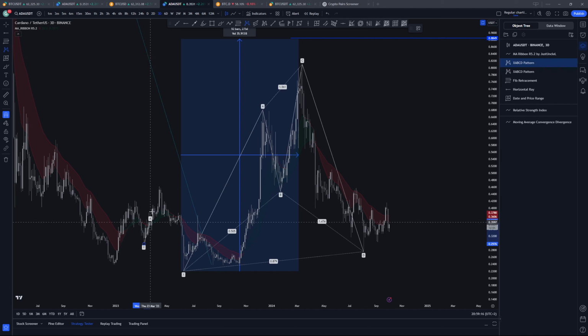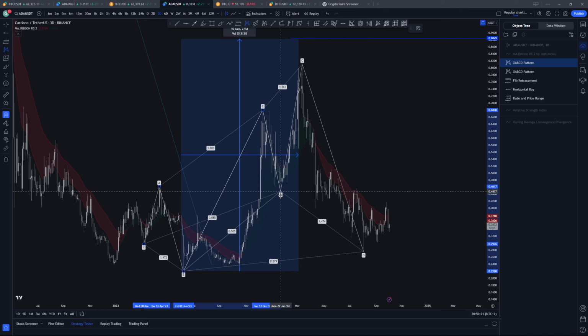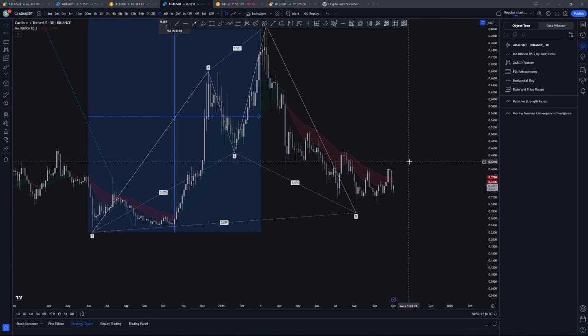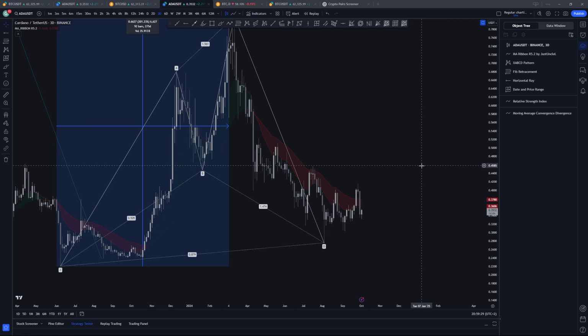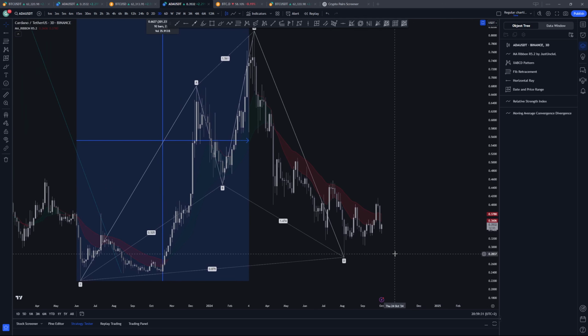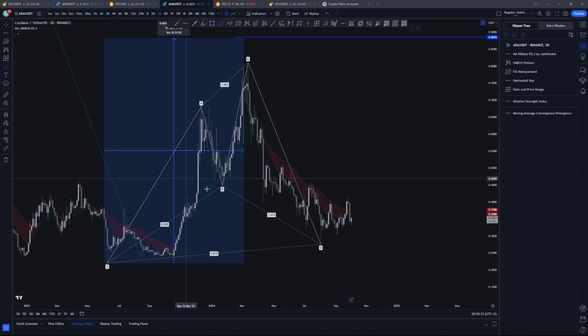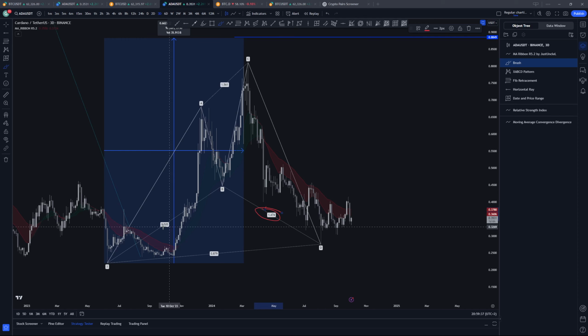Most majors have done this. Really annoying because now your XB ratios are only going to be 0.5s. I wouldn't 100% deem this a valid shark because of this.